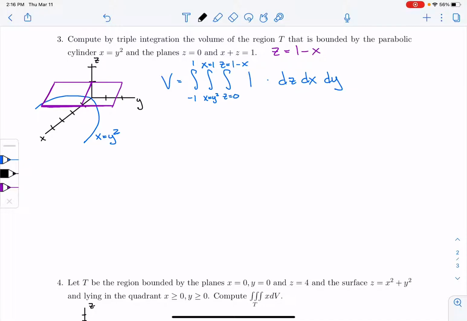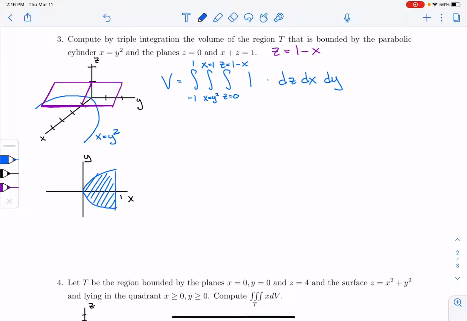So let's just look at why that's true by taking a quick sketch of the xy plane here. So here I'm going to draw x equals y squared. That's going to look like this. And then I want to integrate over that region, this region right here.